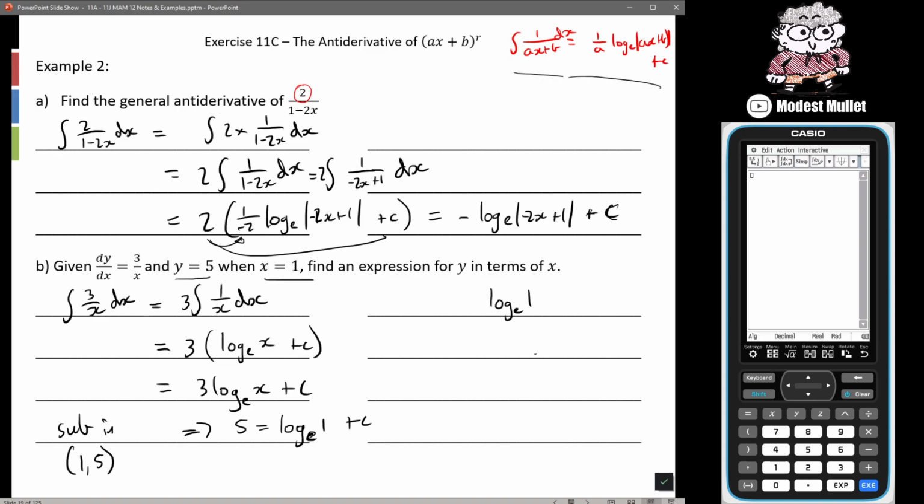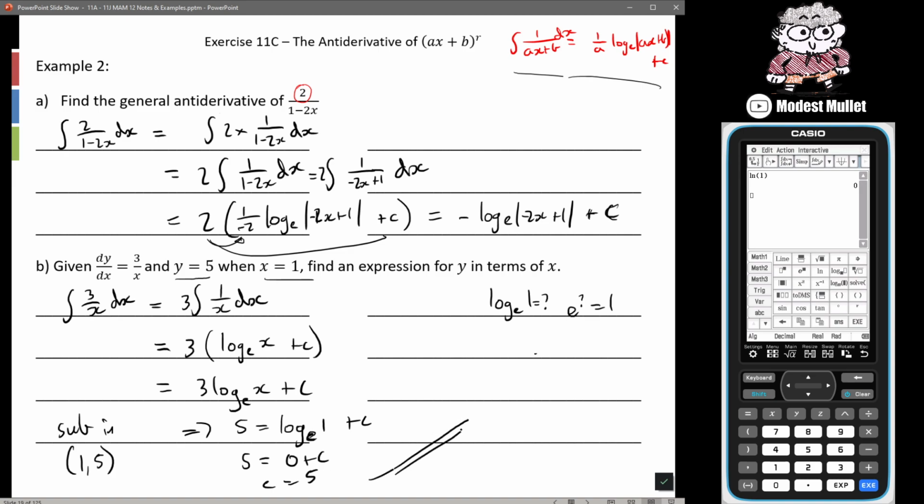Ln, log to the base e of 1 is equal to 0. Oh yeah, e to the power of what will give me 1? It has to be 0, so we get 5 is equal to 0 plus c, so c is equal to 5. Therefore, we can finally say that y is equal to 3 log e of x plus 5.